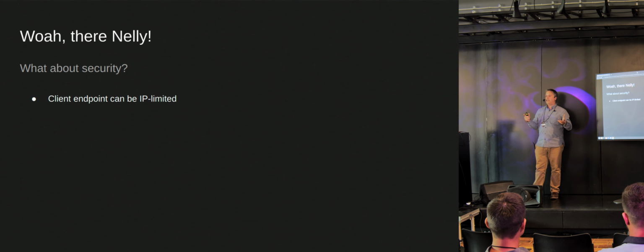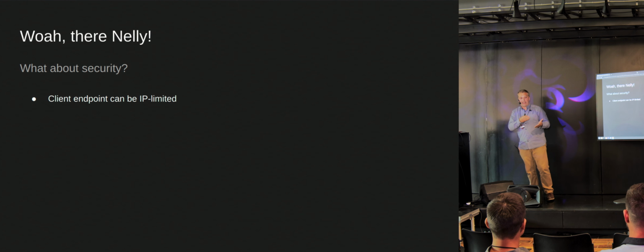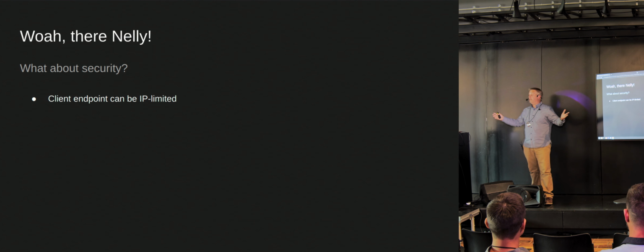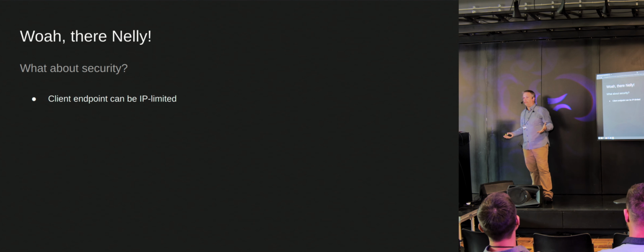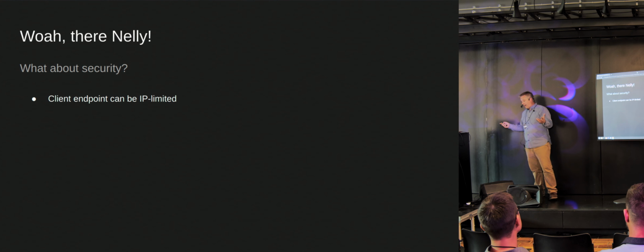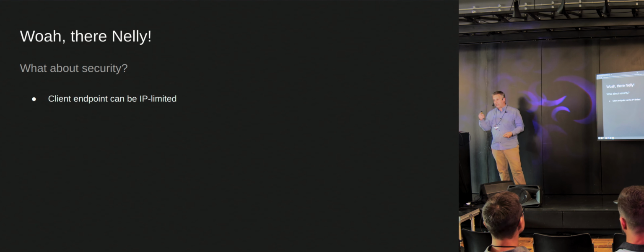So we can actually say nothing from outside that VPC is allowed to access this endpoint. So for a start, we're not exposing it to the wider internet, which is a really important first step. Equally, if you haven't got that set up, obviously you can say, I'm only going to accept traffic from this particular IP address where the server happens to be running.